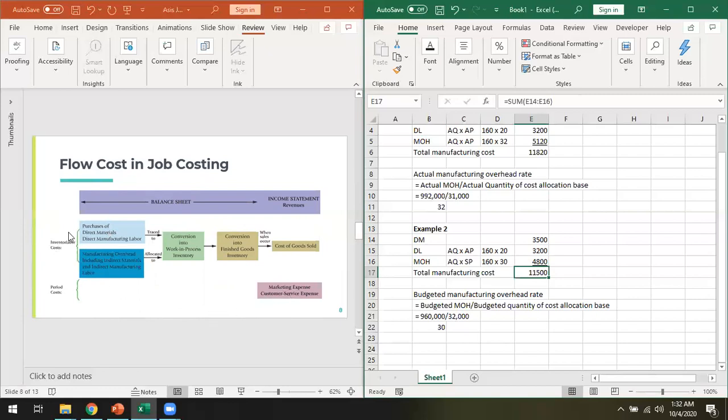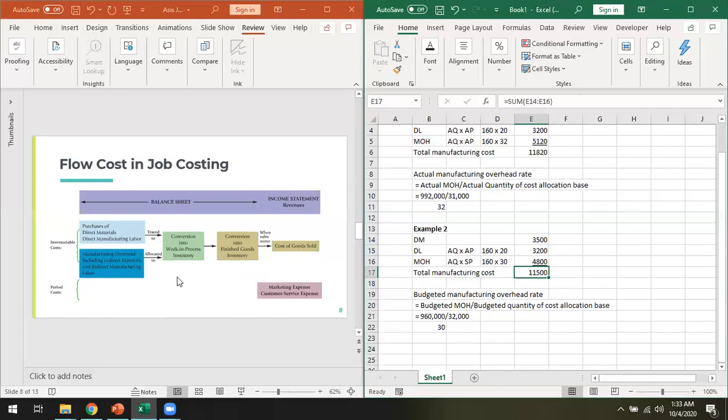However, for inventoriable costs, there is a flow on how the cost is expensed. For direct costs, direct material and direct manufacturing labor is traced to work in process inventory. So we convert the direct materials and also the direct manufacturing labor into the work in process inventory.